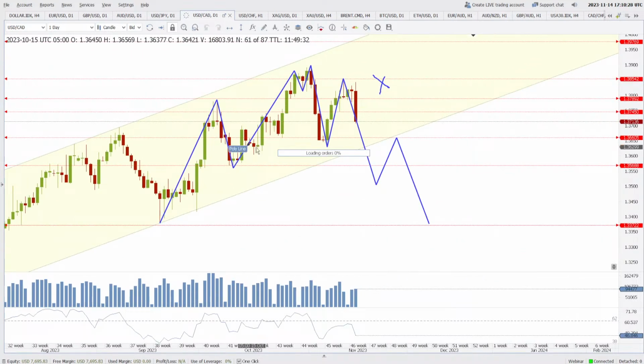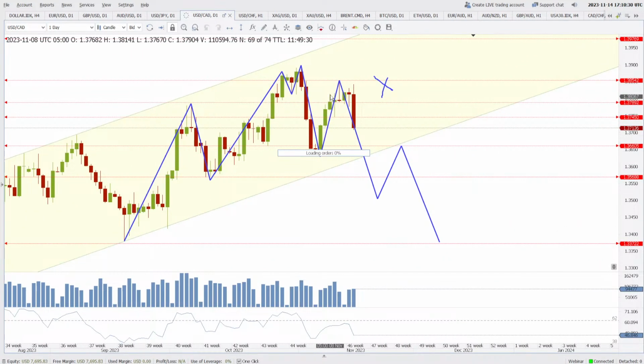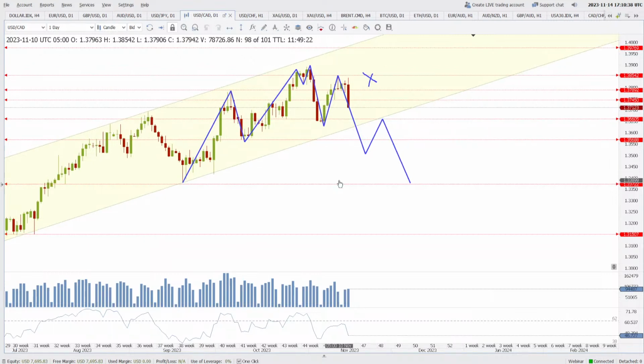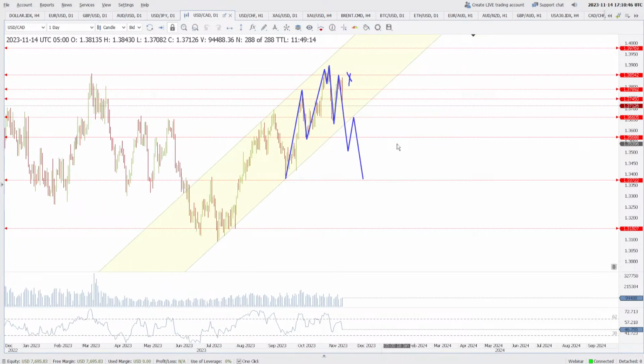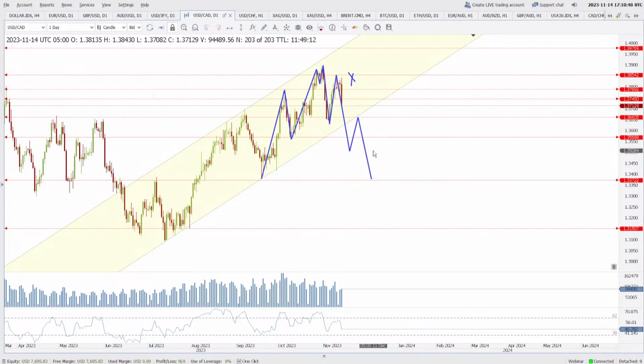USD CAD, the crucial levels were never taken, and this is what was expected, and the price has finally started a move on that. But if you are with me on this, then I will say that stay away from this market still, because we want this channel to break to the downside so that you can sell this market with some confidence.